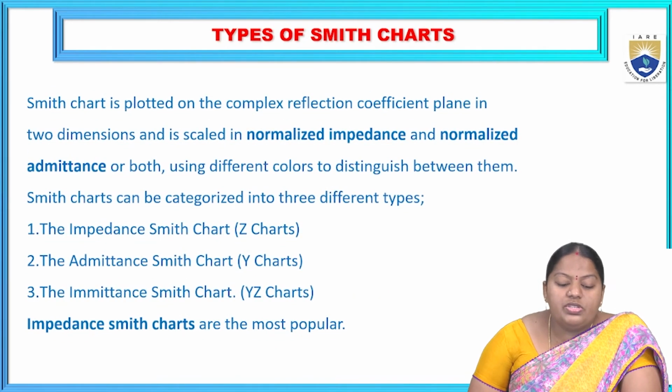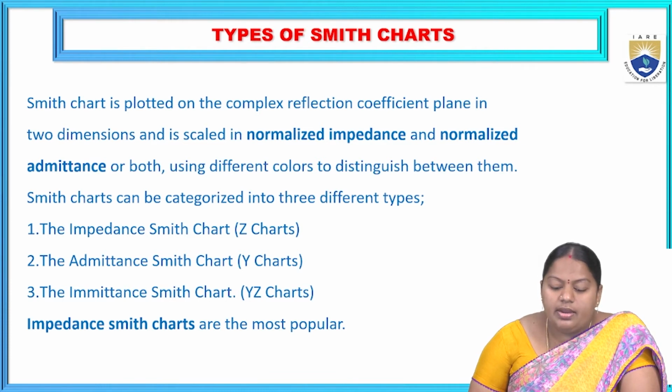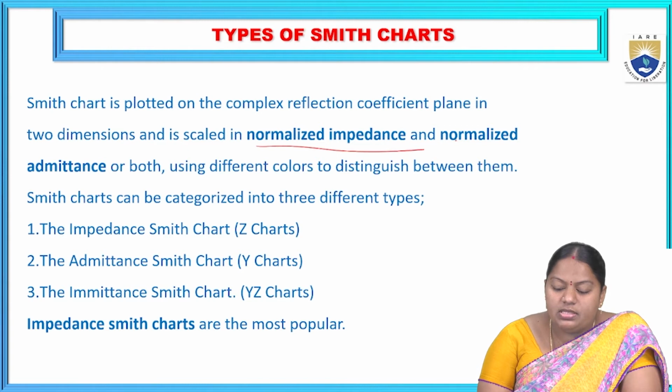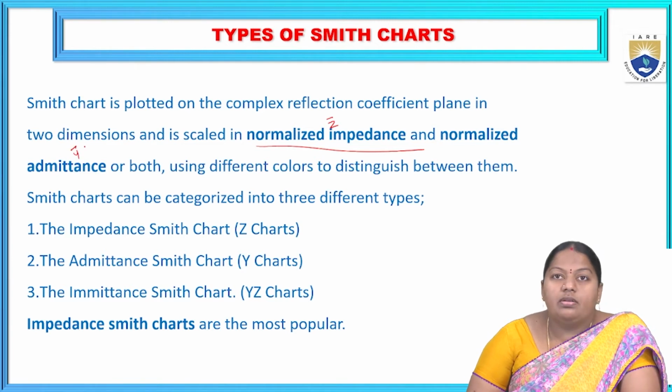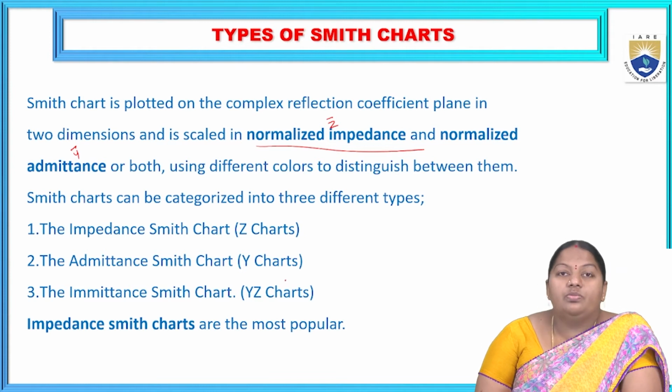Now, the Smith chart is plotted on the complex reflection coefficient plane in 2 dimensions and is scaled in normalized impedance and normalized admittance. Normalized impedance is denoted with Z bar and normalized admittance is represented with Y bar, or both. So with the help of this Smith chart, we can frame normalized impedance or normalized admittances or sometimes both, using different colors to distinguish between them.